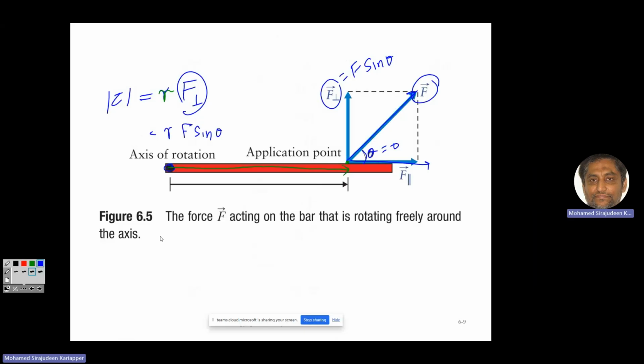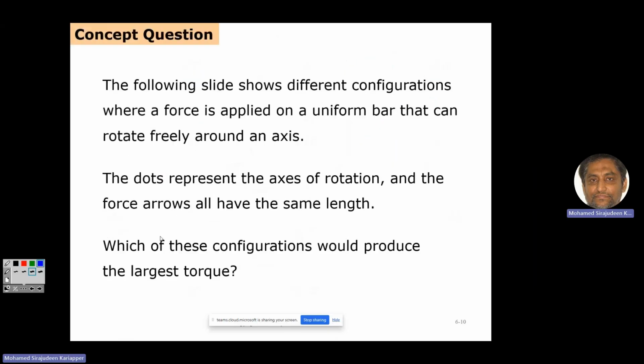So theta must be greater than 0. Maximum effect is when theta is equal to 90 because sine 90 is 1. Anything between 0 and 90 will be less than 1. So the maximum effect for turning will be when you apply the force perpendicular to the R.